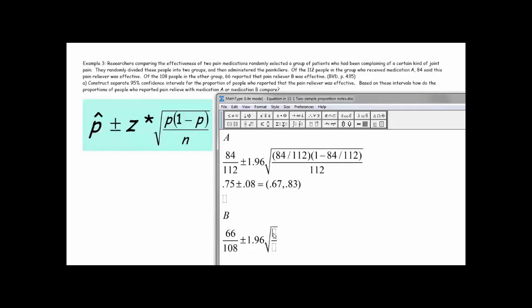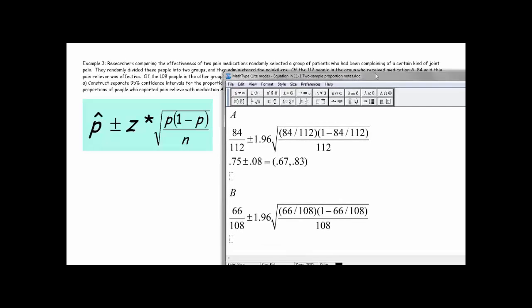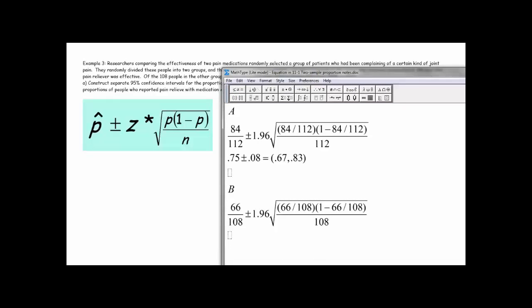We're going to do that fraction, and then parentheses 66 divided by 108, and then 1 minus 66 divided by 108. And then the sample size would be 108 for that. Kind of scroll this up so we can see what's going on here. All right. So let me get the calculator back out again.